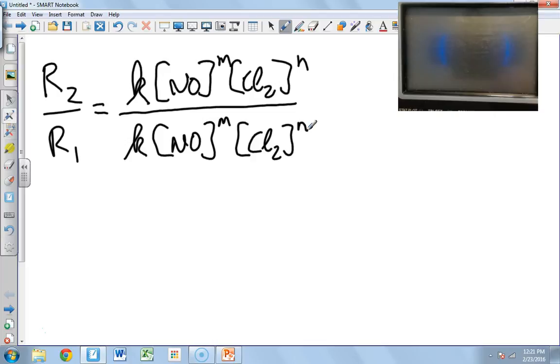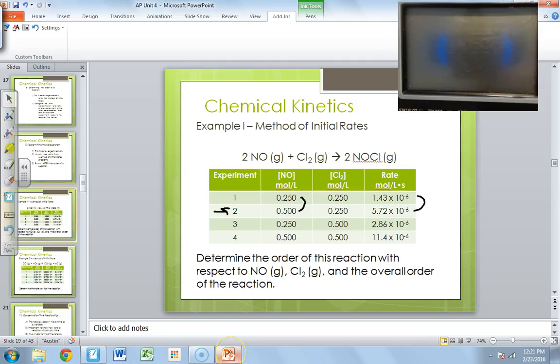So now mathematically, this is why we can do this to figure out what the powers are. I'll do this in a different color, so we'll do it in green. When you compare rate 2 to rate 1, k, the rate constant, is the same for every reaction. As long as it's the same reaction at the same temperature, the rate constant is the same.